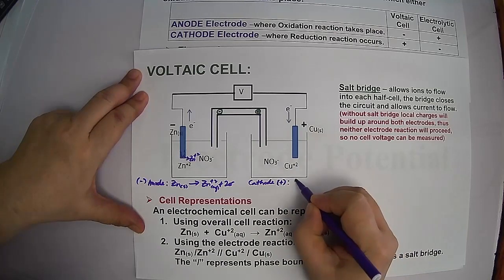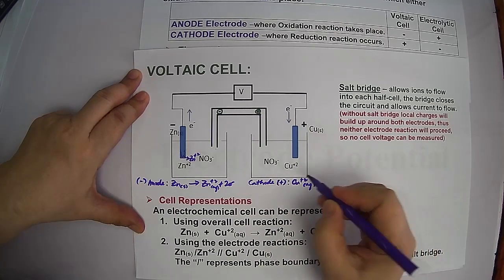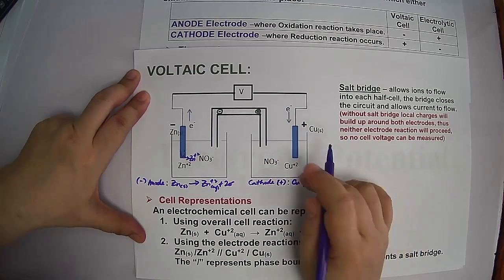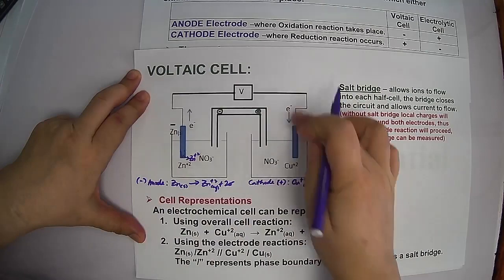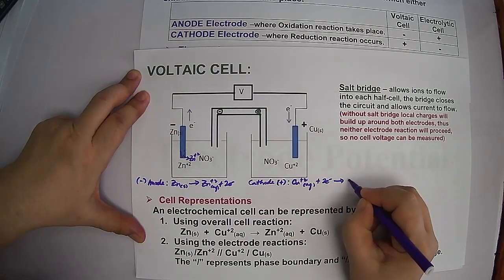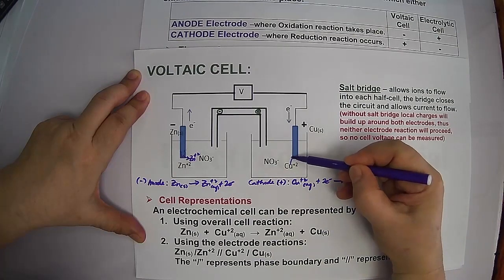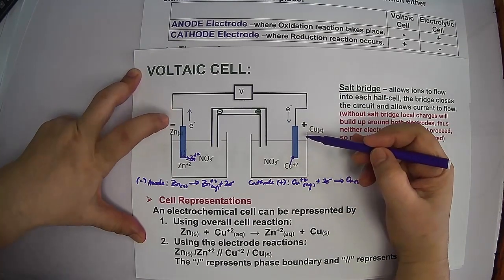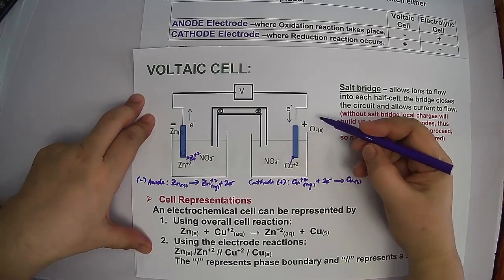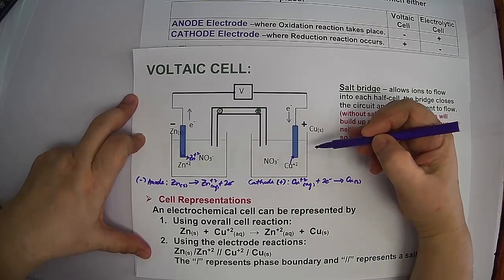The reaction is the copper ion from the aqueous solution plus the two electrons coming from the anode produce copper metal, solid. So this will accept the two electrons coming from the other electrode, and it is positively charged because unlike signs attract each other.